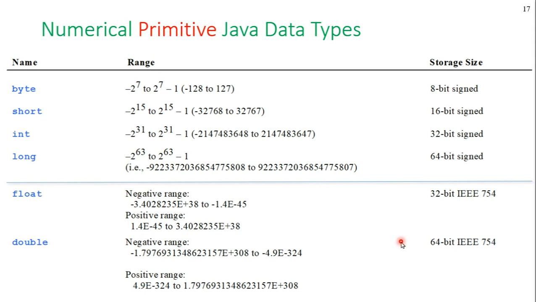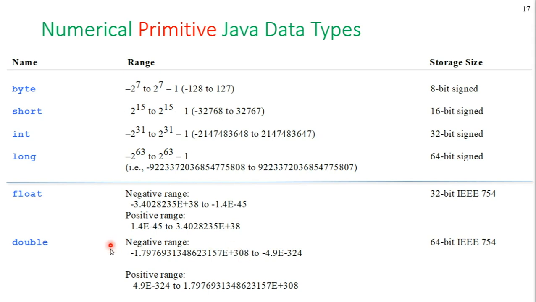But for now, we're just looking at the zoo of different available numerical data types. And I'm just letting you know that the int is 32 bits, the double is twice the amount of memory. The range for a double is actually from minus 1.7, blah, blah, blah, exponent plus 308.